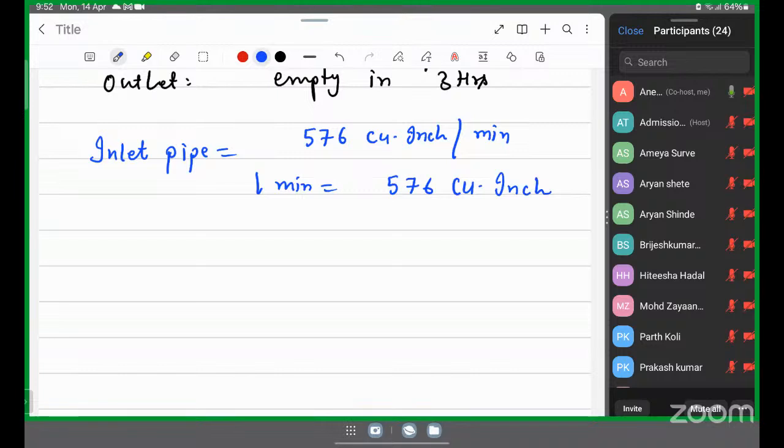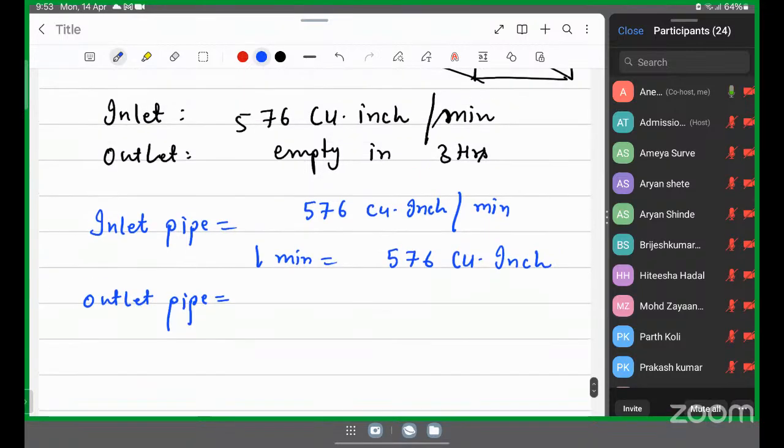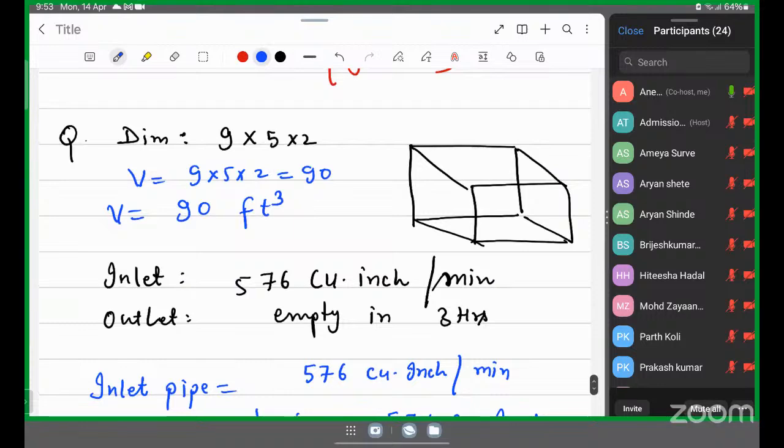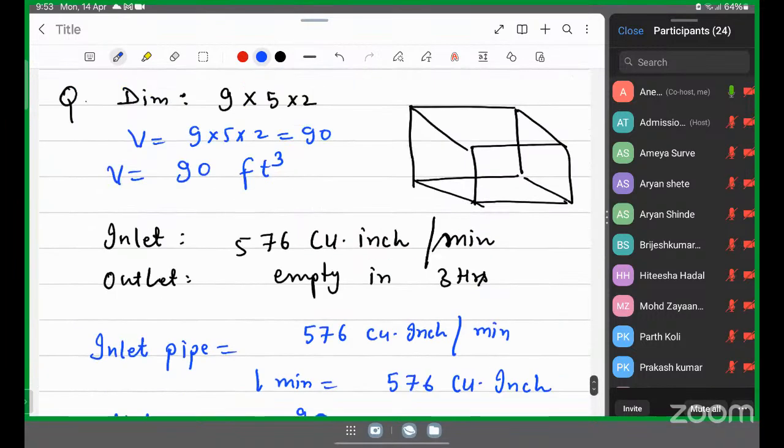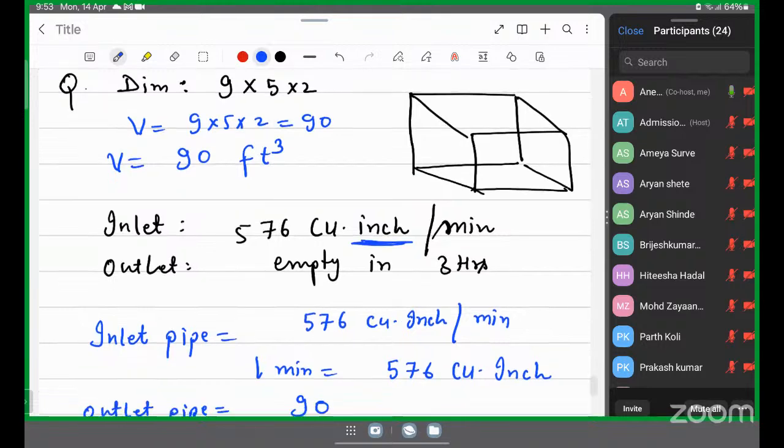Now what about the outlet pipe? The outlet pipe can empty it in 3 hours. So let's check the rate of emptying the tank. So this will be 90 feet cube. But we have readings in inch here, so we have to convert it into inch. 1 feet is 12 inch.